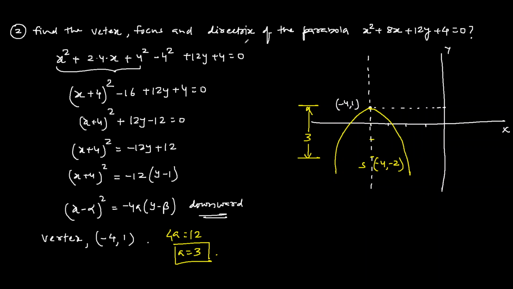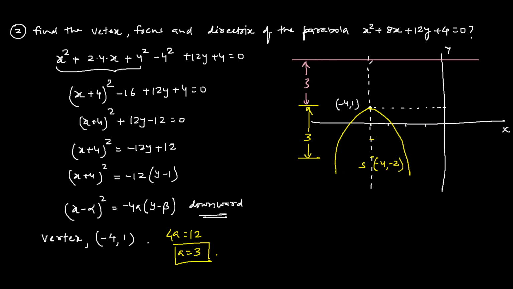Now for the directrix, the distance of the directrix from the vertex is also 3. So the directrix is a line which is perpendicular to the principal axis, and the distance is 3. This distance is 3.